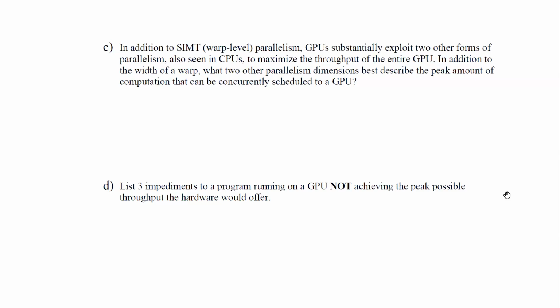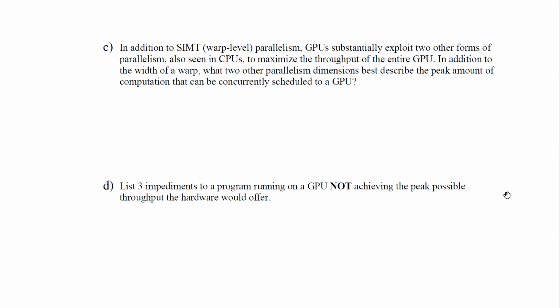If you go look at any NVIDIA marketing material, they'll tell you that's how many CUDA cores there are. What they mean is that's how many ALUs there are. That is the maximum possible throughput of the machine, that many flops per cycle. What are the things that cause GPU programs to not achieve peak possible throughput?